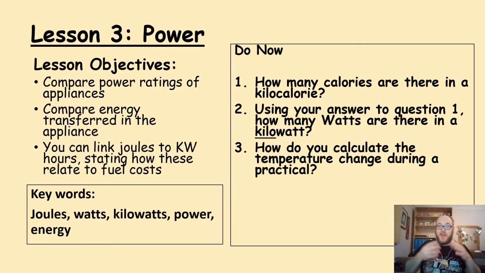And that's literally what power is. And we're going to have a look finally at the end about kilowatt hours, which is really useful to know about if you are ever going to pay an electricity bill, which is probably all of you.